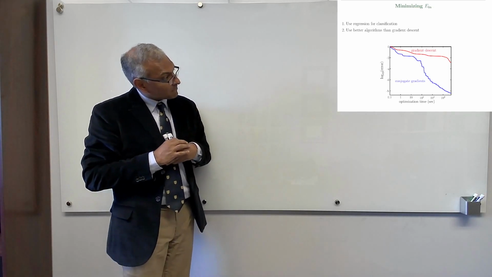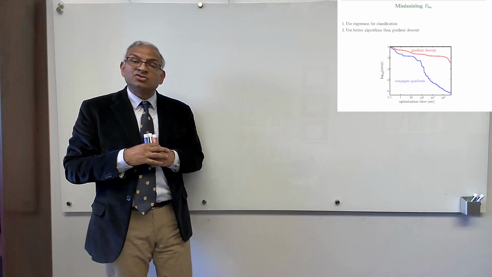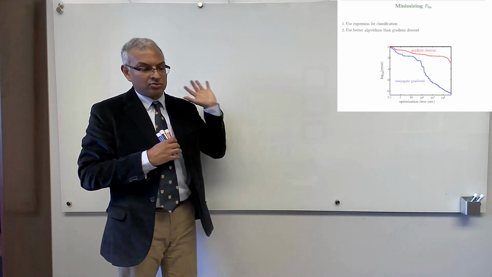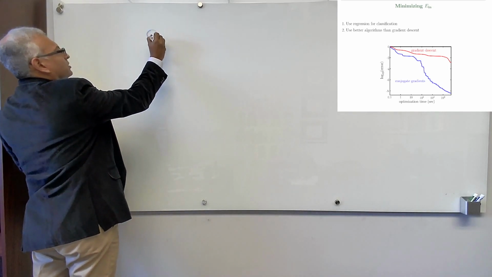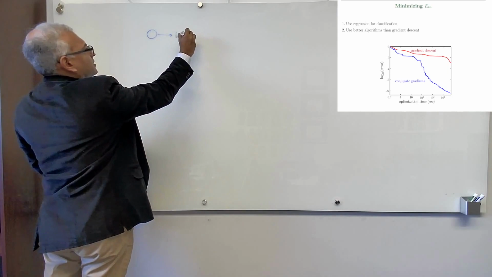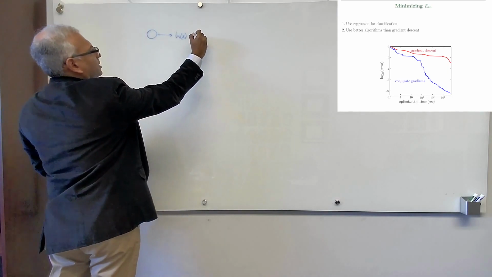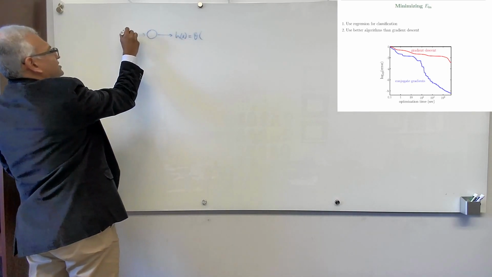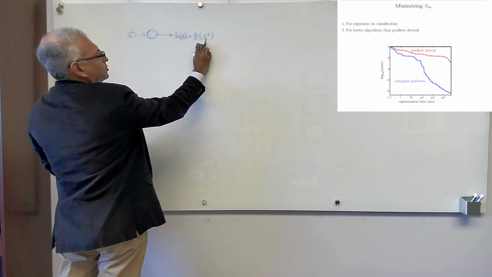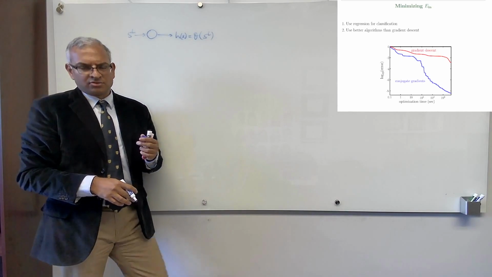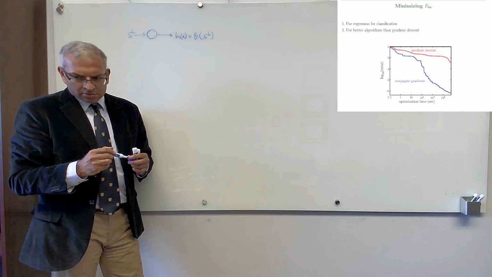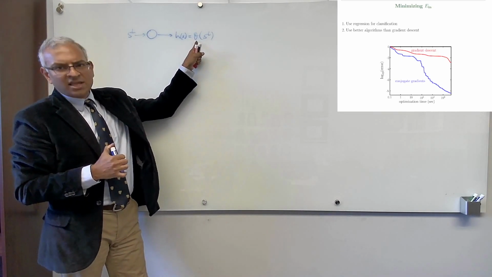Now, first, a quick trick of the trade when you're training your neural network. You're trying to fit the error. Your output node is h of x equal to theta of the signal s_L, which we call x_L, and you fit that to the output that you see in the data. If you use tanh, that's great.